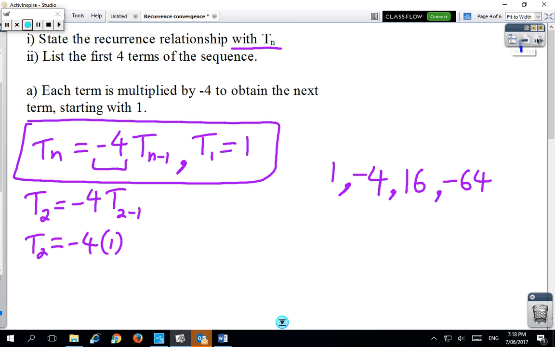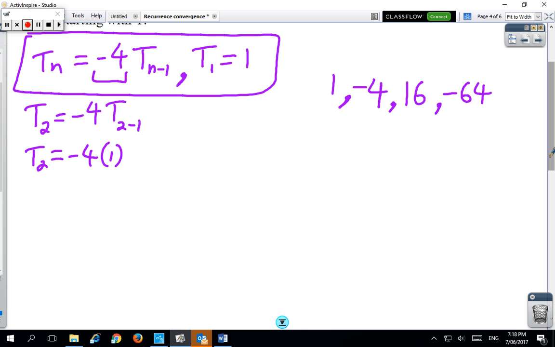Let's have a look at this next one. This one, if we draw a picture of it, this time I'm going to put a line in the middle because this one has positive numbers and negative numbers. The first term is a positive 1. The next term is a negative 4. The next one is positive 16. The next one is negative 64. This one is going further away from our starting position, but if you look at it, it's swapping positive, negative as it's doing it.